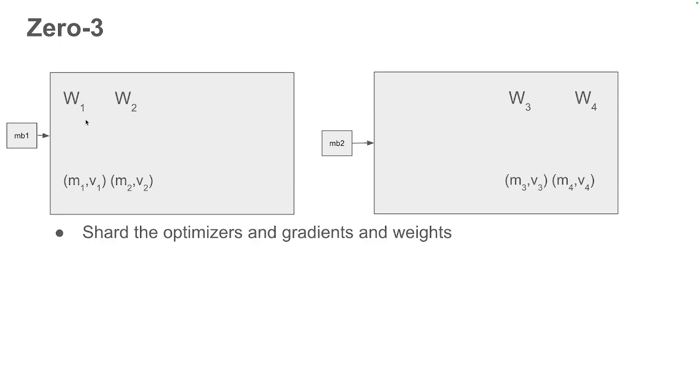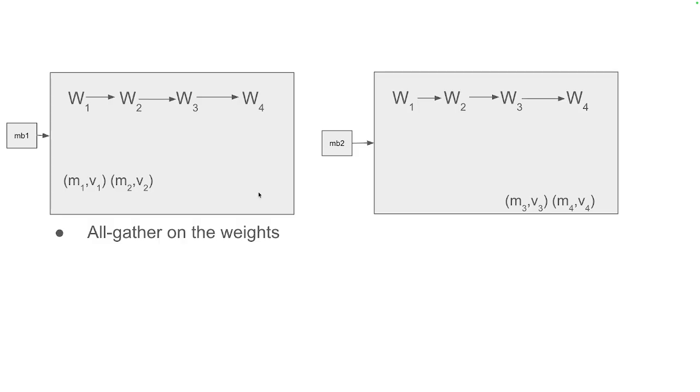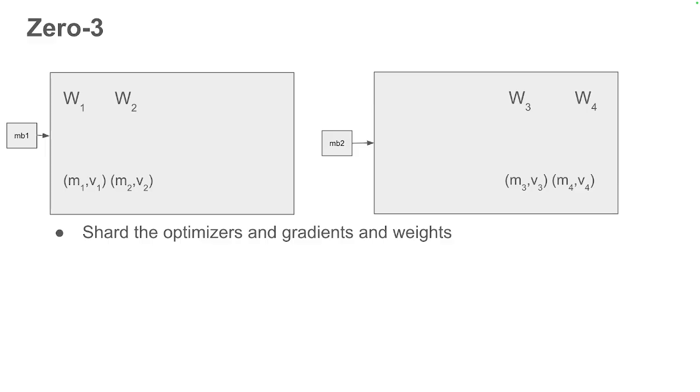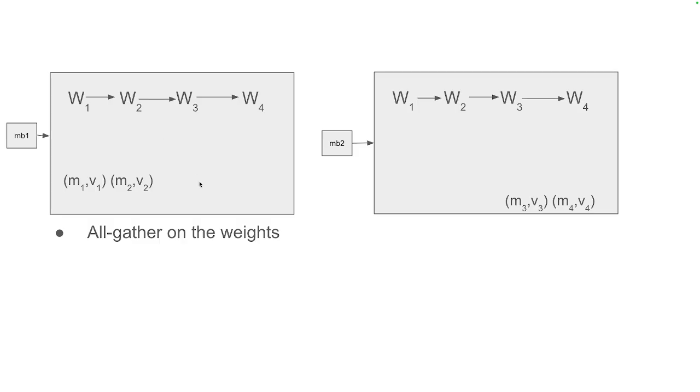Here W1, W2, W3 and W4 are sharded across devices, as are the optimizers, and we will now see how the gradients are generated. But when you shard the weights, you cannot do a forward pass. You need all the weights in a GPU to do a forward pass. So for that you have to do all gather first.